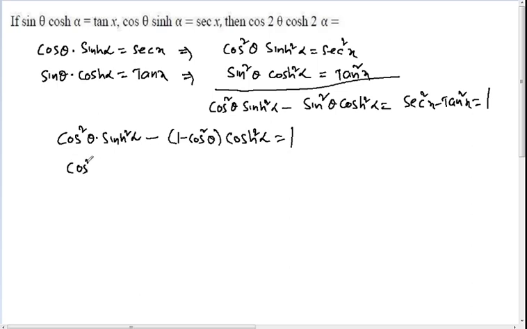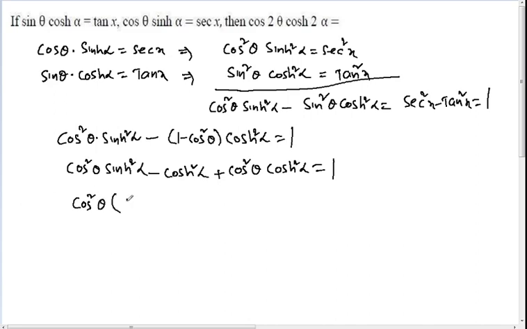So cos square theta into sinh square alpha minus cosh square alpha plus cos square theta into cosh square alpha is equal to 1. Take cos square theta common, that is sinh square alpha plus cosh square alpha, minus cosh square alpha is equal to 1.